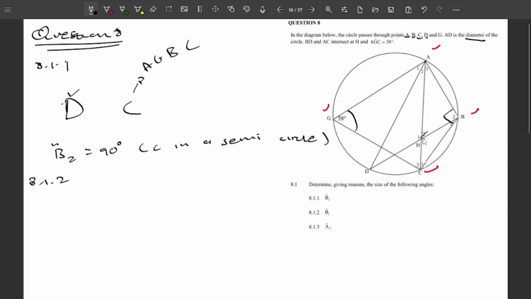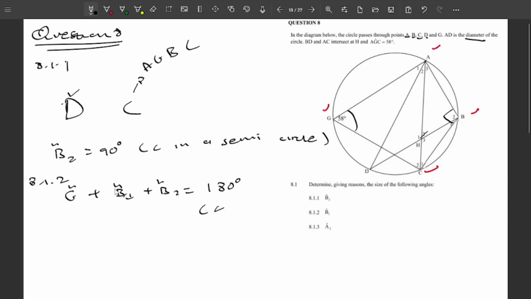Let me show you. So we're going to say angle G plus angle B1, because we're looking for B1, plus angle B2 is equal to 180 degrees.